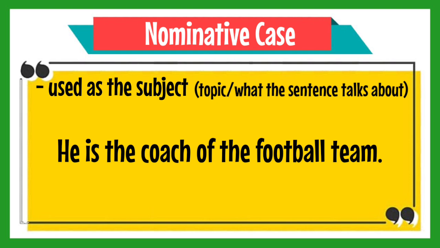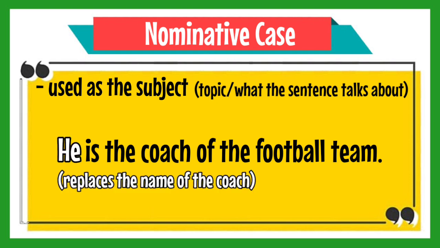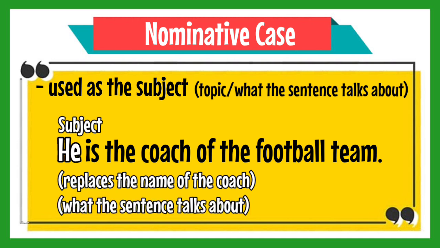The pronoun used in the sentence is he. It is used to replace the specific name of the male coach. And as you can see, it functions as the subject in the sentence, as it is what the sentence talks about or the topic of the sentence. That is why it is in the nominative case.